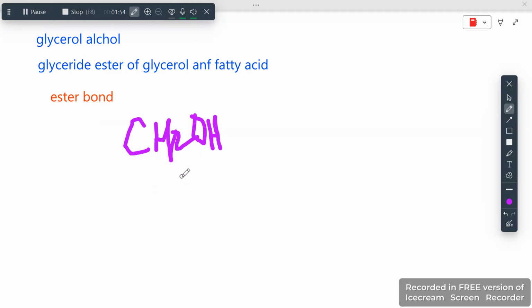This is how it was, with C in the middle. We have 3 carbon of glycerol, 1, 2 and 3, and H was on this one side, OH was on this one side, and on the upper side we were again having H.